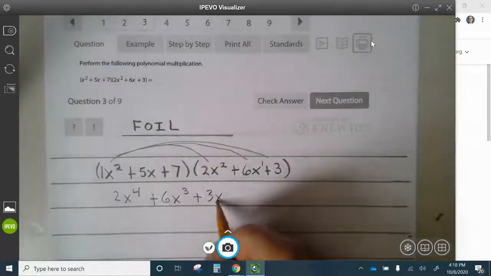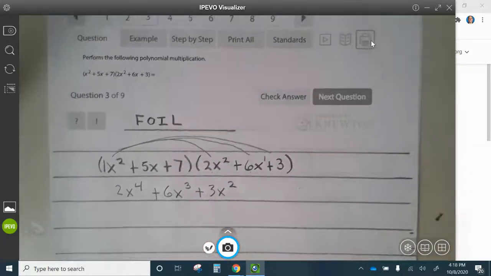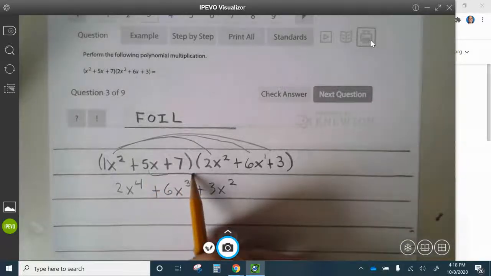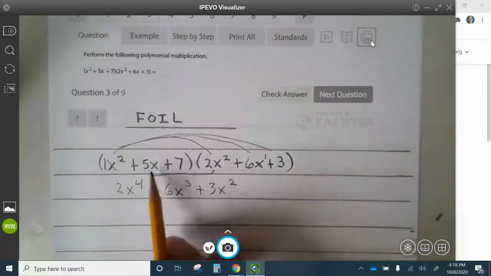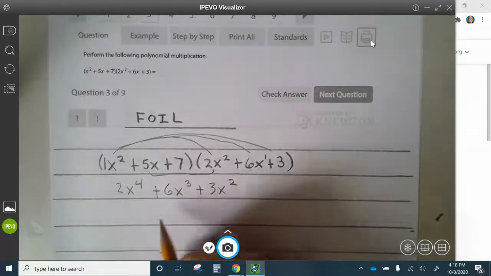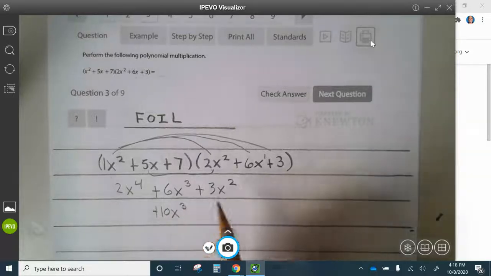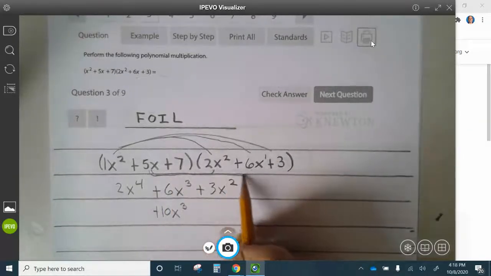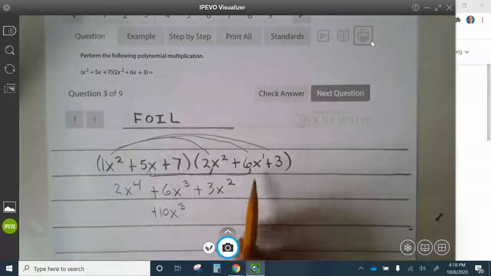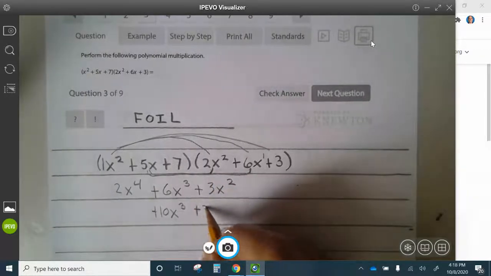Okay. Now I need to multiply 5x times 2x squared. So that's 5x times 2 is 10x cubed. Okay. And then I'm multiplying this times 6x. Okay, so 5x times 6x is plus 30x squared.